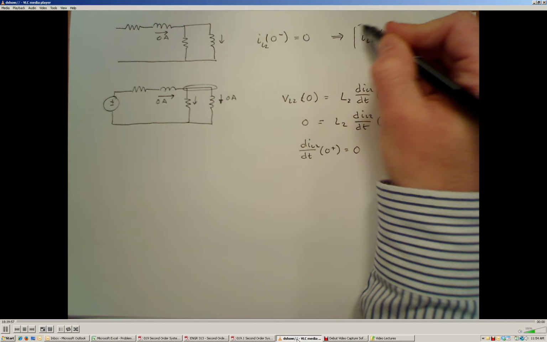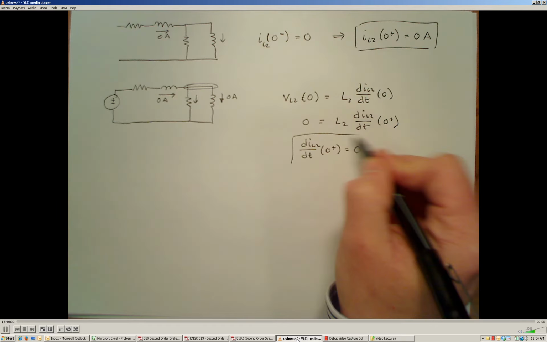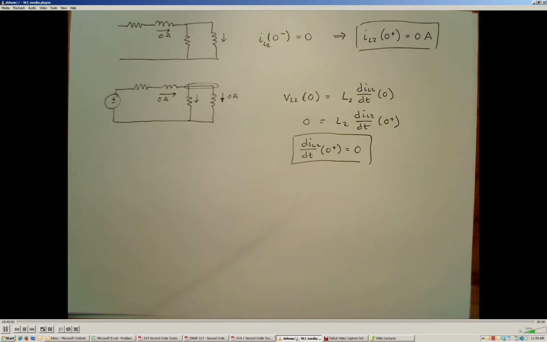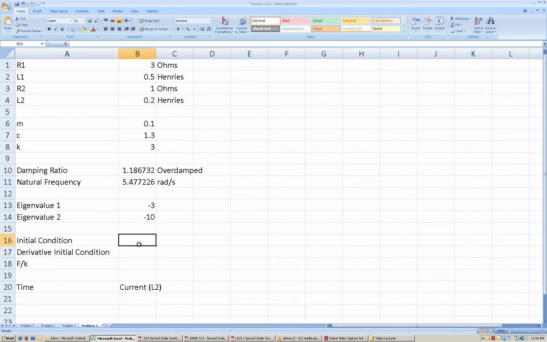So that gives us our two initial conditions, our initial condition and our derivative initial condition. Now we can plug those back in and use the relationships to determine how the system is going to change as a function of time, how the current through that inductor is going to change. Our initial conditions are both 0 amps and 0 amps per second.